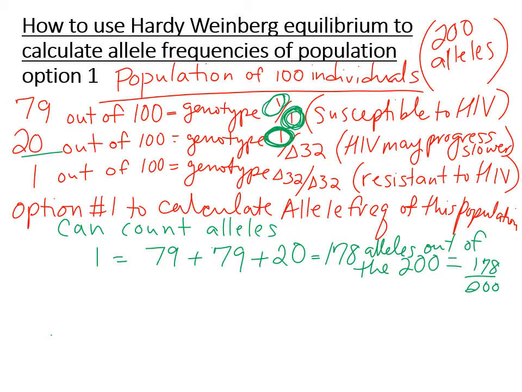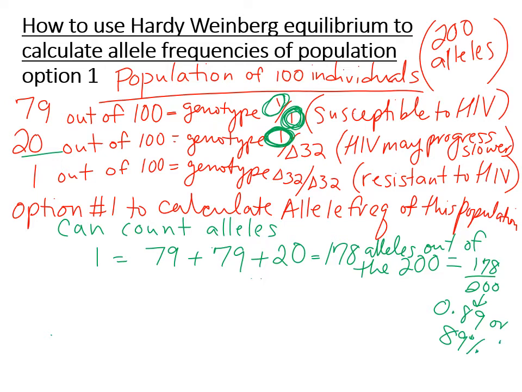So 0.89, or 89%, of this population is the number 1 allele.